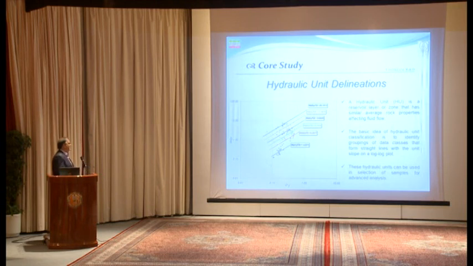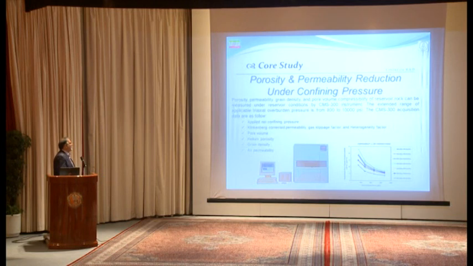For a special core study, we select samples from each hydraulic flow unit. And also, this system is dedicated to measuring porosity and permeability, Klinkenberg permeability, pore volume compressibility, and grain density under confining pressure from 800 to 10,000 psi.